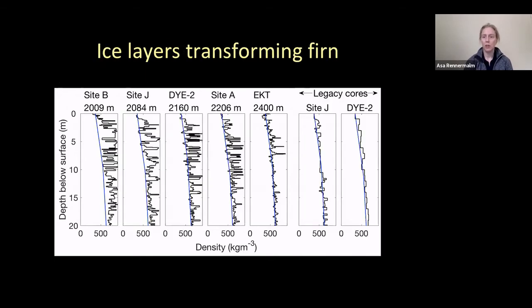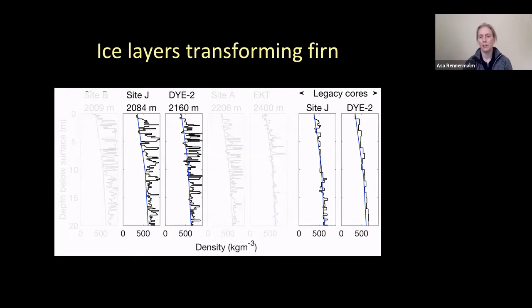All right, we can also look at the legacy cores, and I'm going to shade out some of the other figures too. So legacy cores are the cores collected in 89 and 98. And then you see the 2017 cores on the other side there.